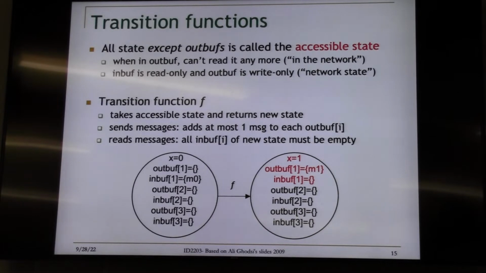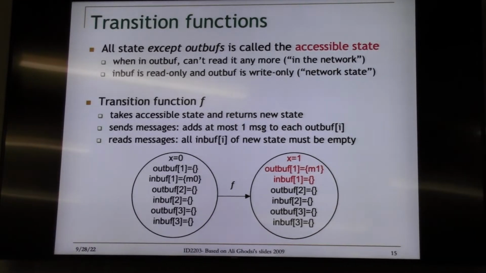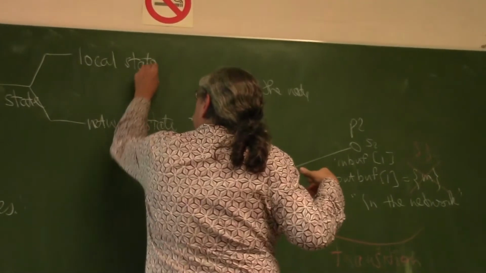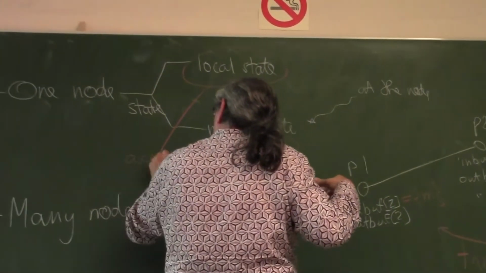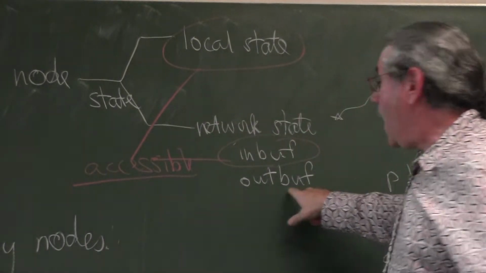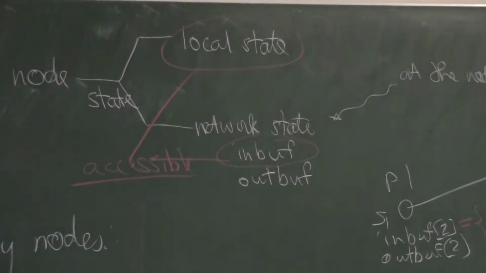Okay? So all state, except the outbuffs, is what's called accessible state. So the inbuffs is reading, so this is accessible. That means it's actually kind of local. Whereas the outbuff, it's not accessible. It's like in the network.